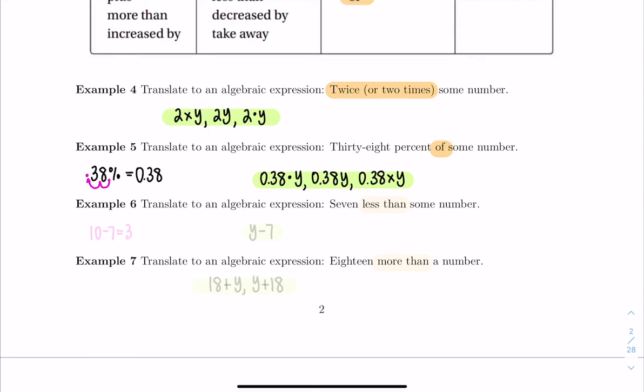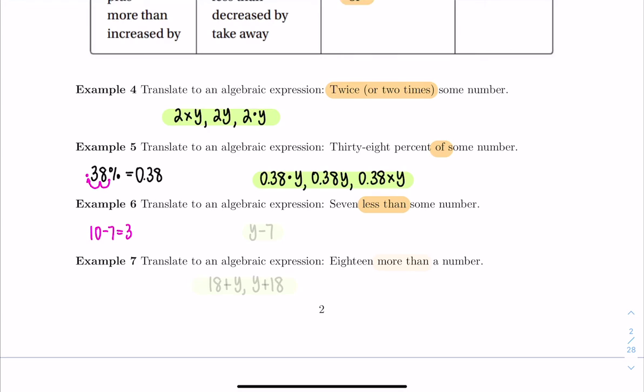What about 7 less than some number? That important word is less than. So less than indicates subtraction. So I'm saying 7 less than a number. So if the number were 10, then 7 less than 10 would be 3. And how would I write that? I would write 10 minus 7 is 3.